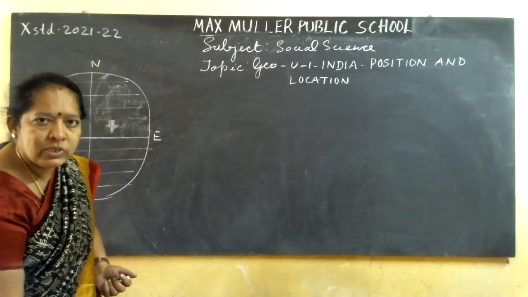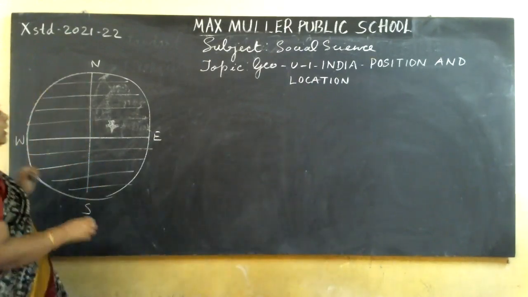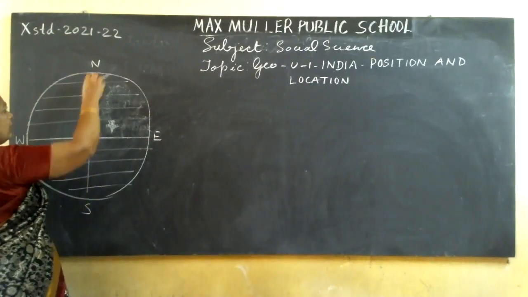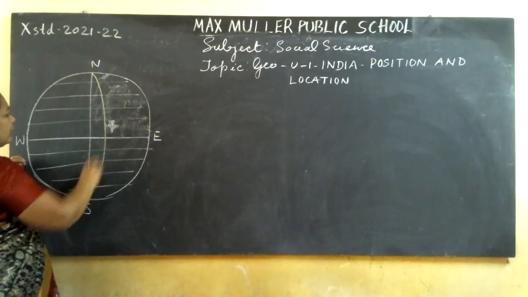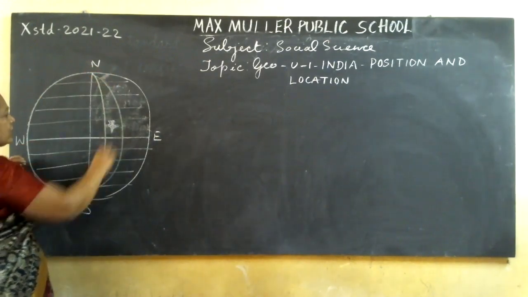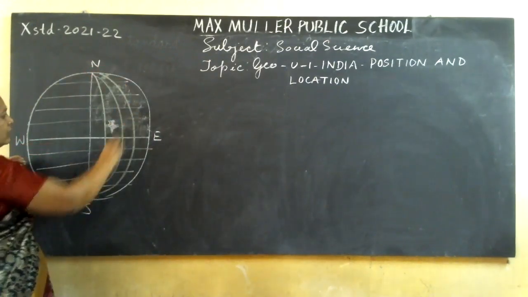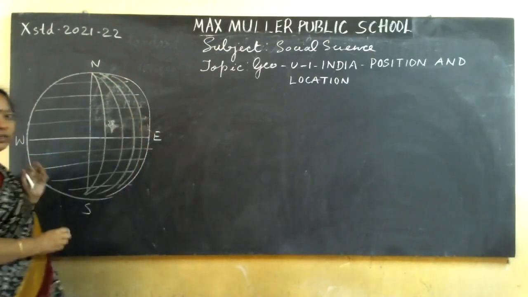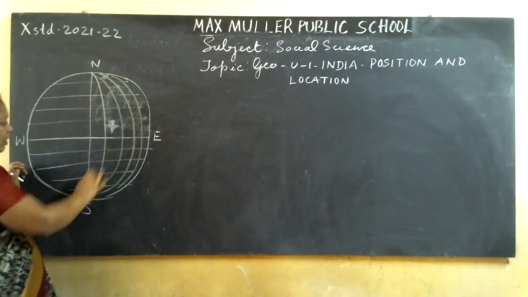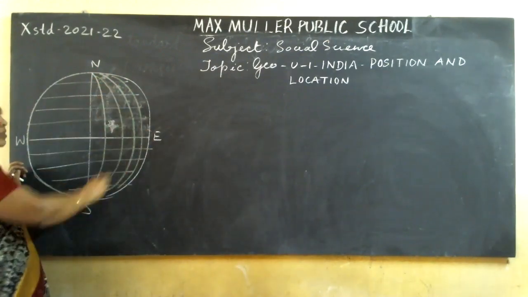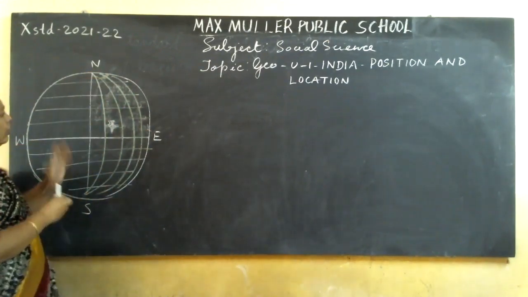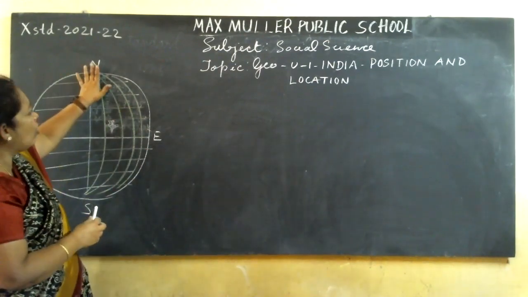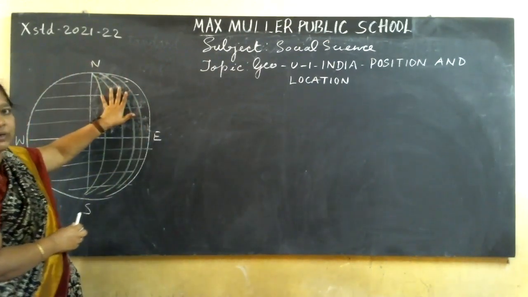And next, if you see the longitudes, it will come in the eastern hemisphere, which is all eastern longitude. They are all vertical, right? So it is in the northeastern hemisphere.